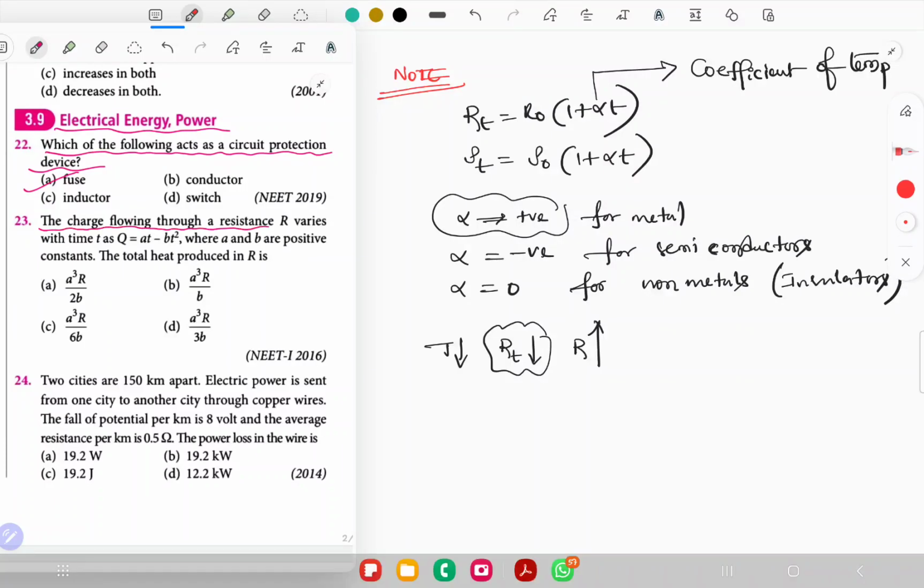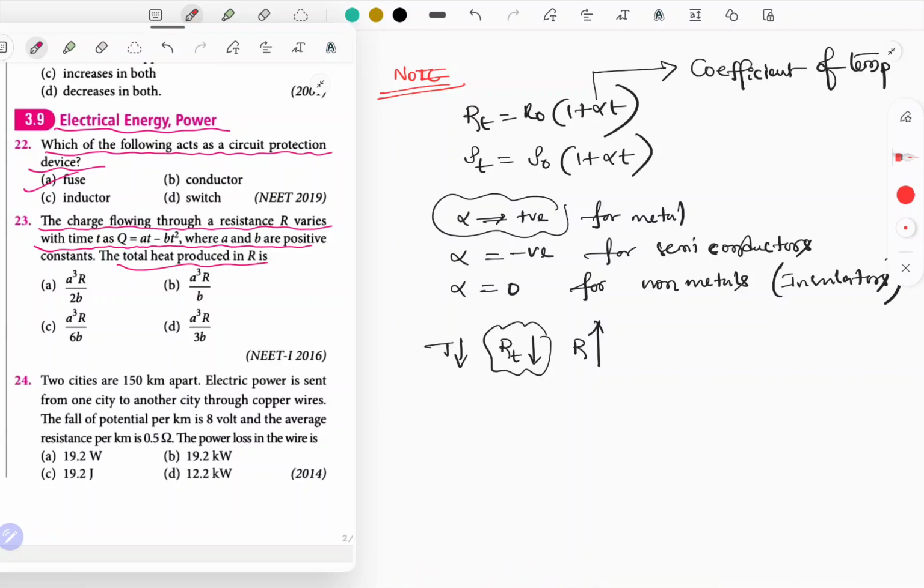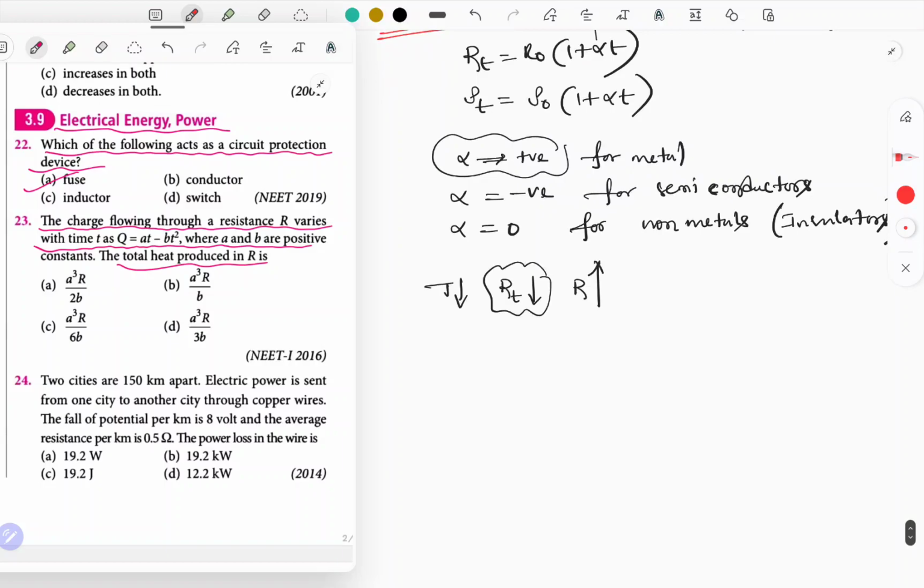The charge flowing through a resistor R varies with respect to time as Q is given as at minus bt square. They're asking the total heat produced in it. Okay. Question number 23. To answer this question, first of all, we should know what's the formula for heat produced.